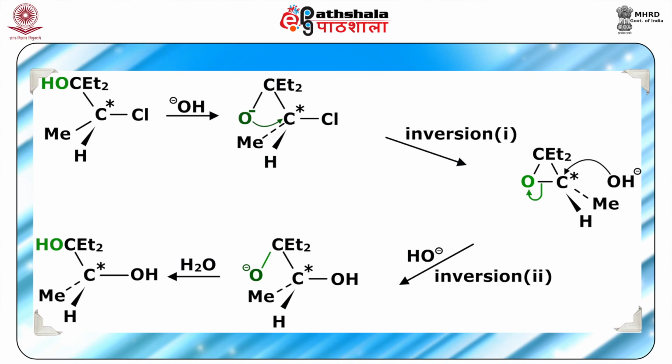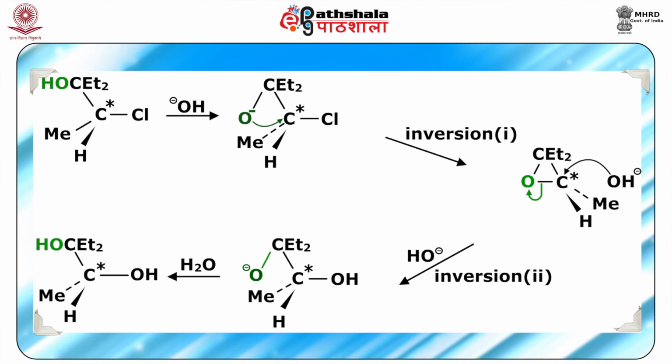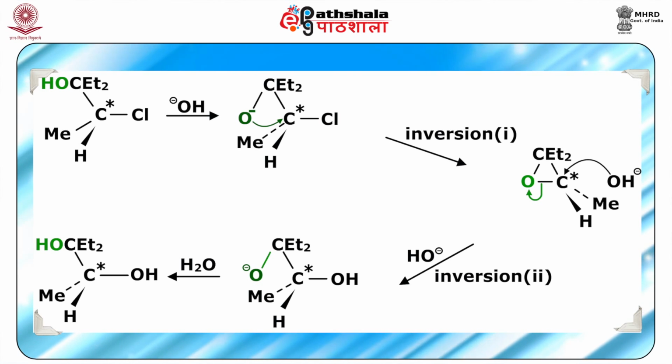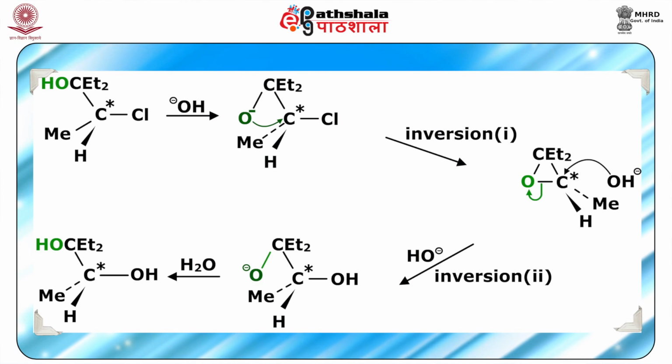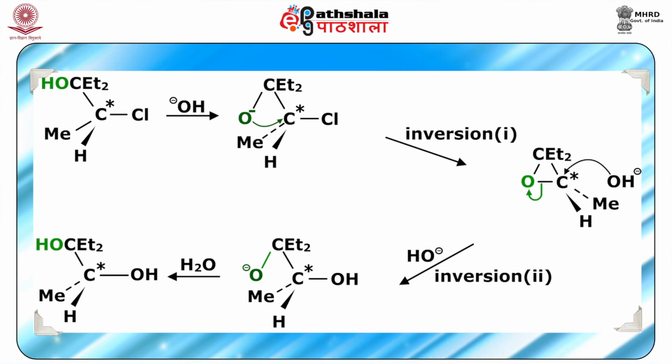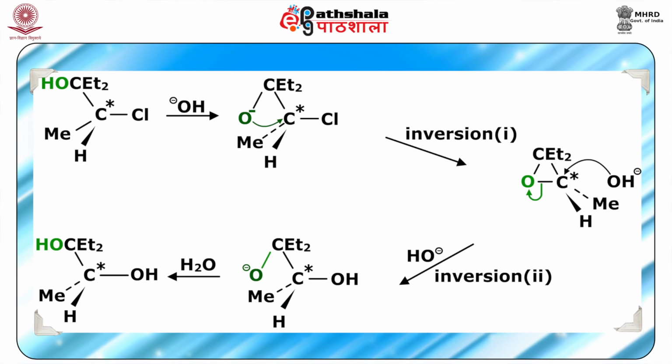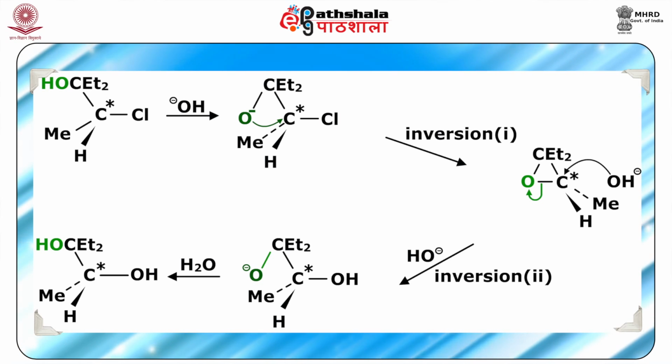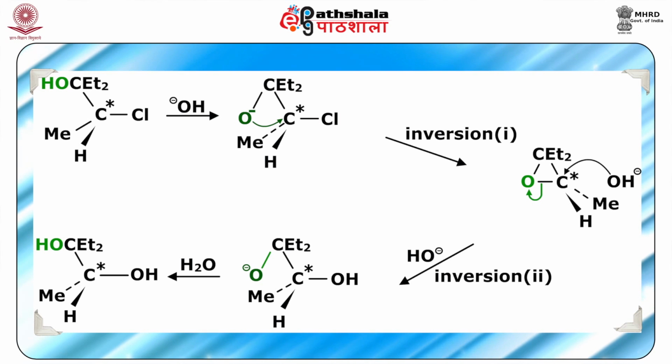So, there is an inversion which is happening at this stage, and we are calling this inversion 1, and it leads to this 3-membered cyclic intermediate. Now, after this inversion has happened, the OH minus attacks as the nucleophile on this carbon and leads to ring opening again and formation of O minus.